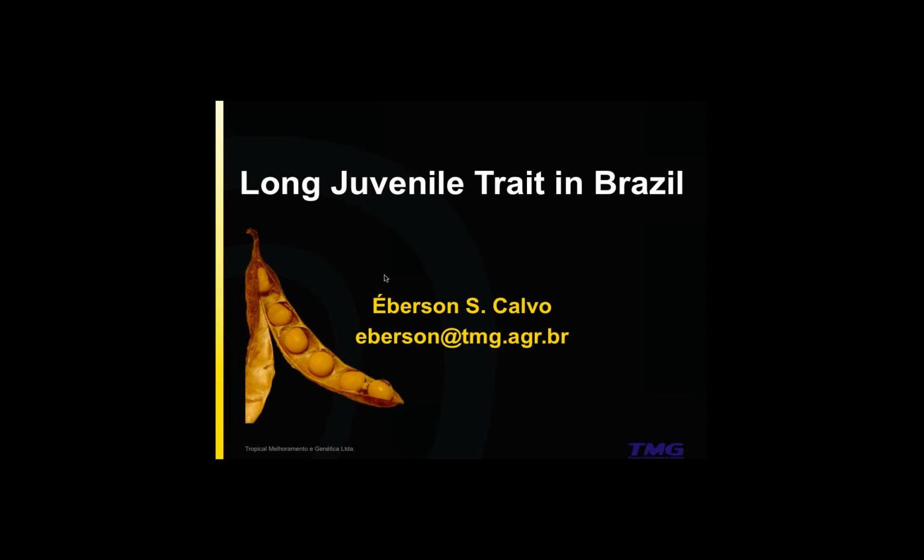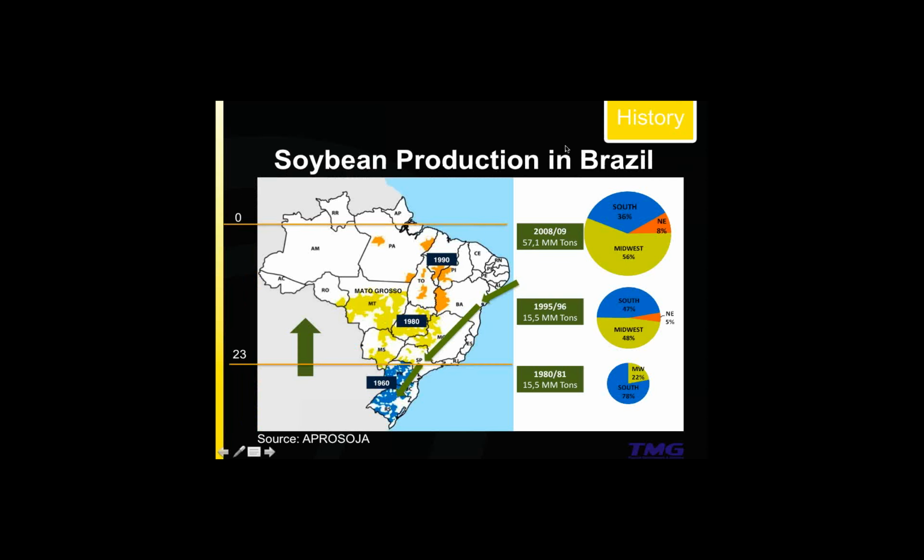I honestly believe that there are really interactions between the long juvenile trait and the E genes. And the third thing that I would like to mention is that after the excellent review that Christine and Carrie put together, I don't have much to add here, other than talk a little bit about the work that has been done in Brazil in terms of adapting soybeans to the low latitudes.